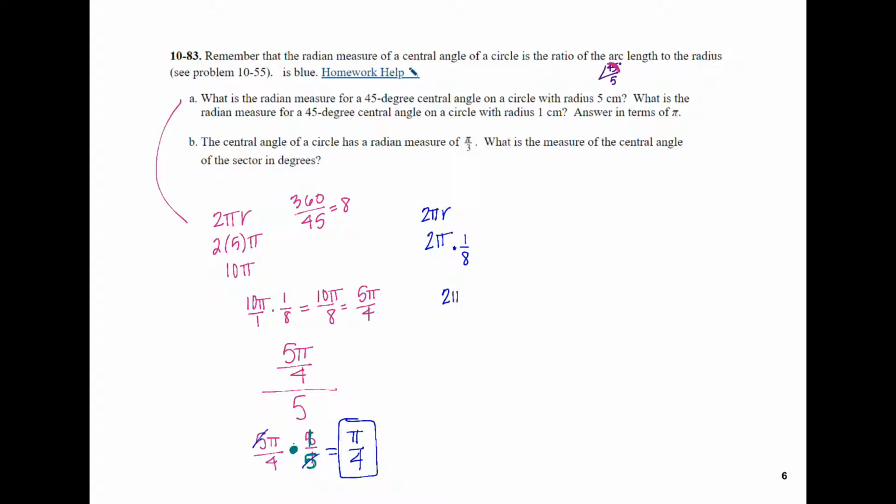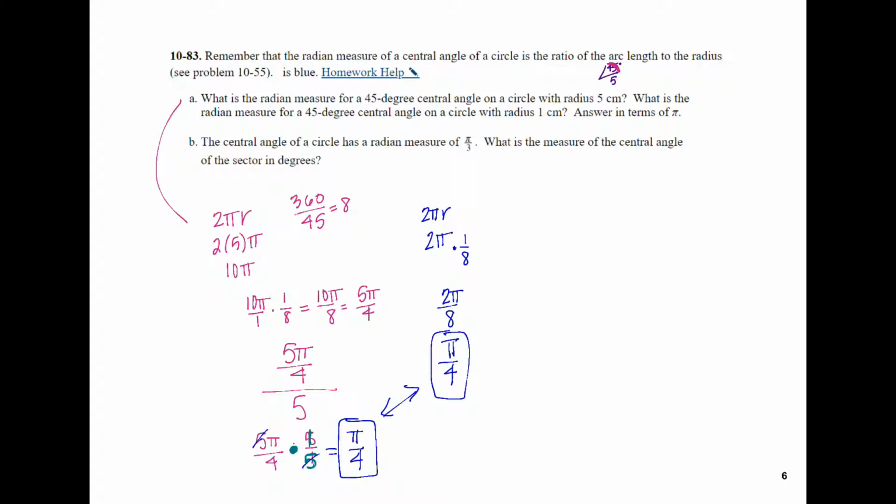So we get 2 pi over 8, which reduces to pi over 4 radians.